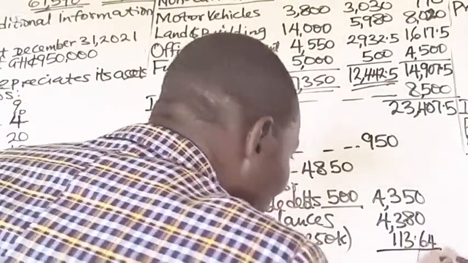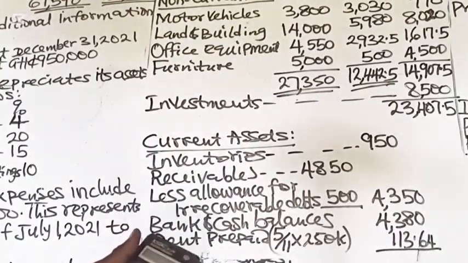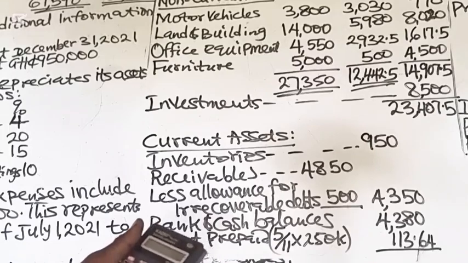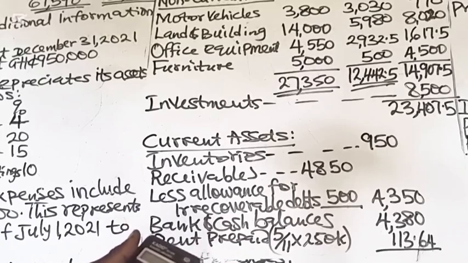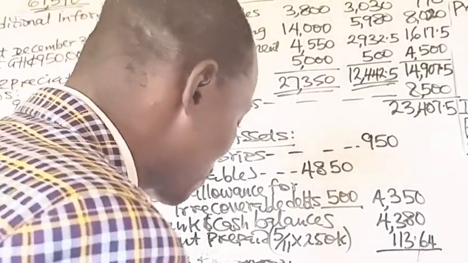So our current asset now, we have 950 plus 4350 plus 4380 plus 113.64. Then we have 9793.64.